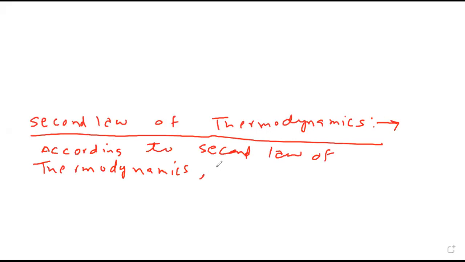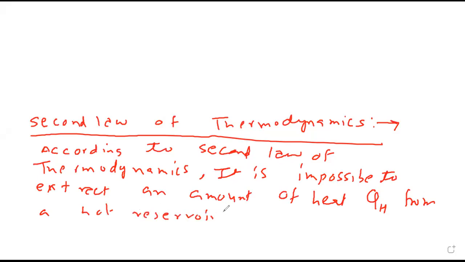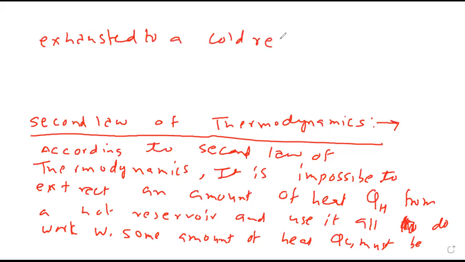According to the second law of thermodynamics, it is impossible to extract an amount of heat QH from a hot reservoir and use it all to do work W. Some amount of heat QC must be exhausted, meaning lost, to a cold reservoir.